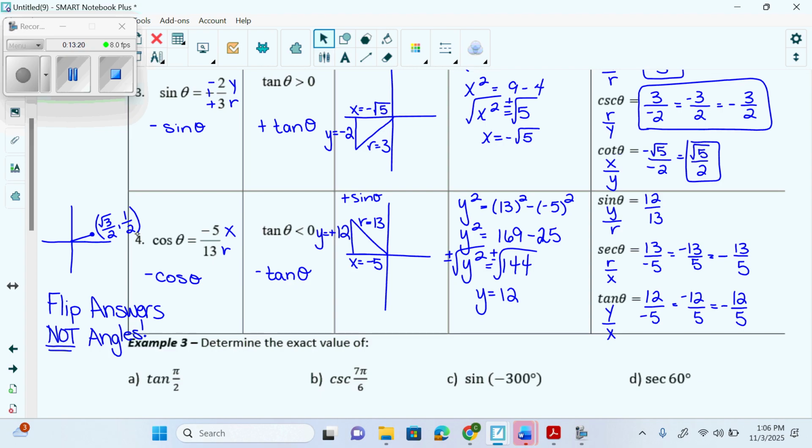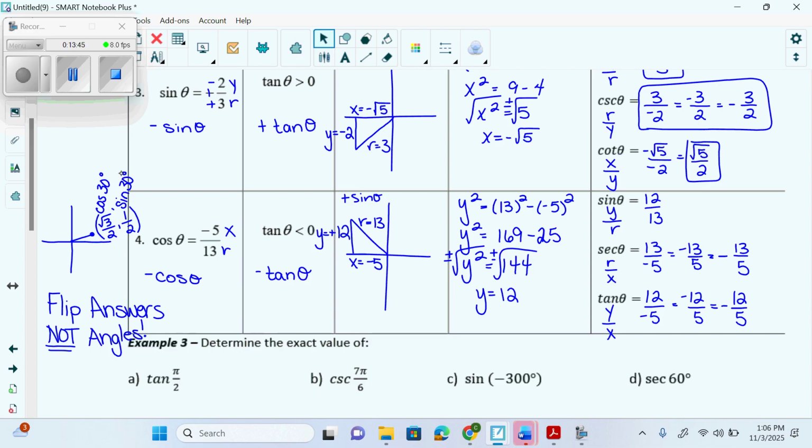It's x over r, y over r. I have my x, my y, and my r. So this is the answer to cos of 30 degrees, and this is the answer to sine of 30 degrees. True? So this is technically x over r, and this is technically y over r.